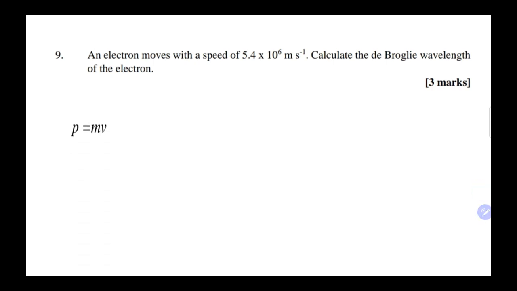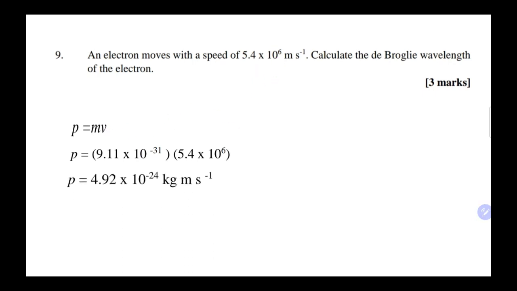First, by using the equation p = mv, so p is momentum equals mass multiplied by the speed, which is given here. We just substitute into the equation, where the mass is a constant, the mass of the electron, 9.11 × 10^-31, and the speed is given already, so that you will get the momentum.